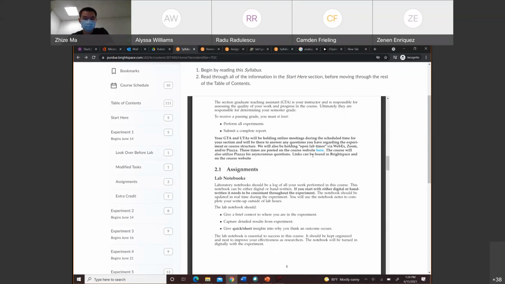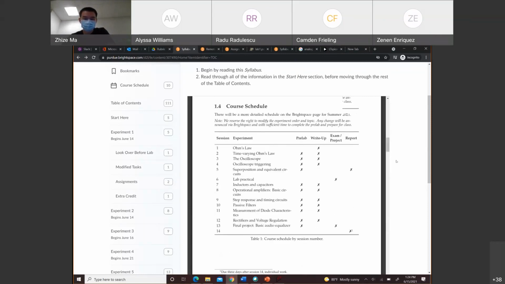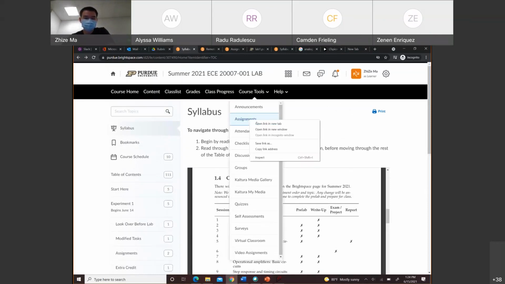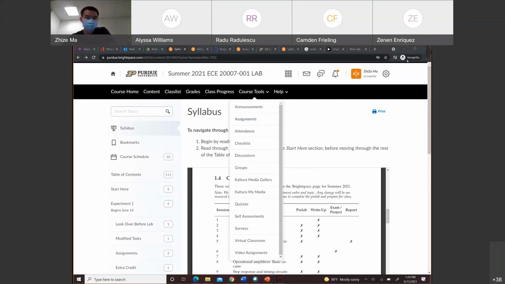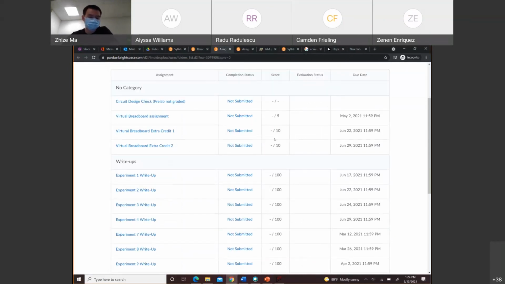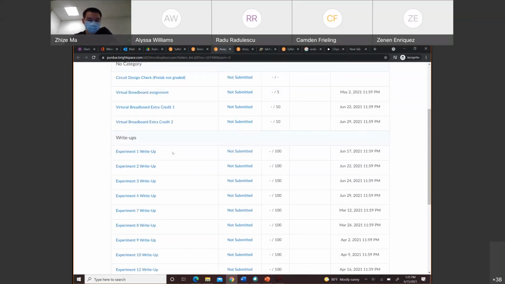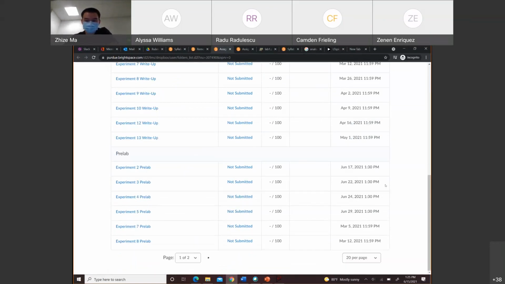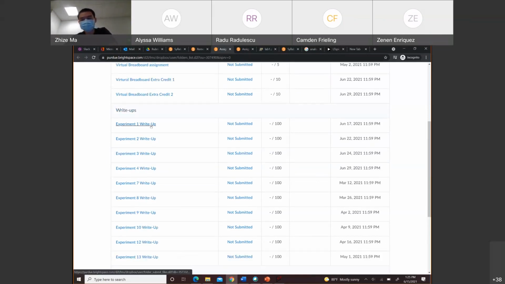And if you go to the assignments, you can see the deadline for each homework. For example, the pre-lab you need to submit before the lab. For the first lab, you need to submit before Thursday. And the write-up is due at the day of the next lab.